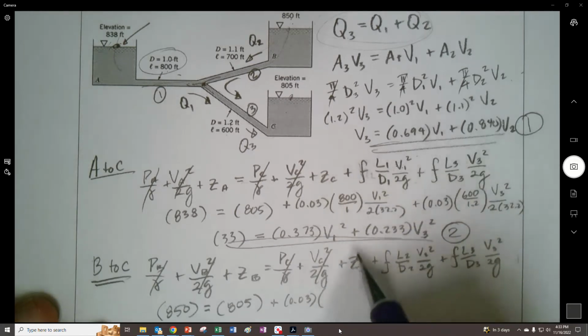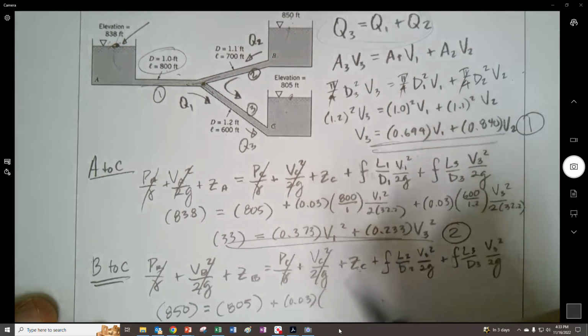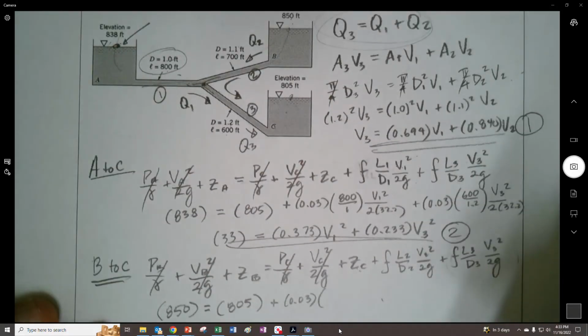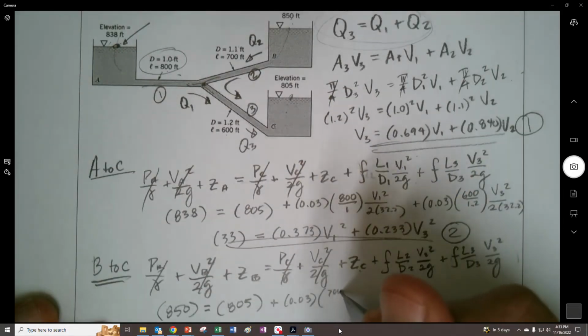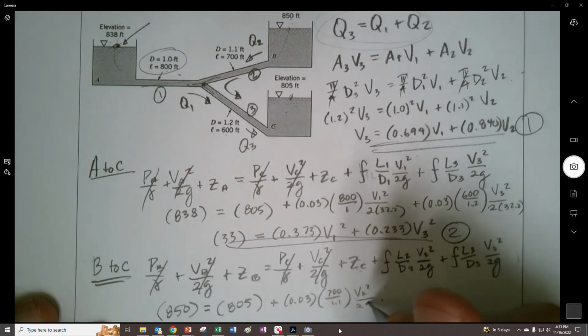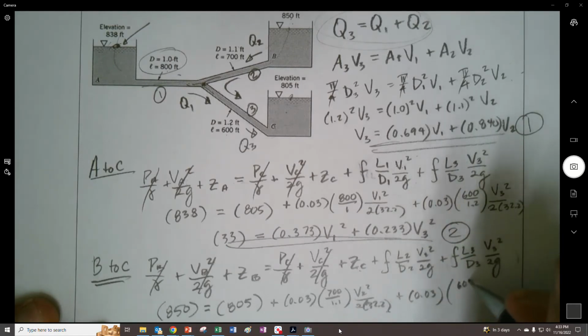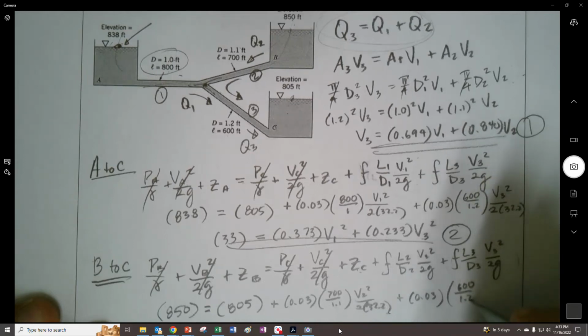0.03, and now it's going to be L2, so that's 700 over 1.1. Did I do that wrong before? No, I think I got it right. 700 over 1.1, and then V2 squared over 2 times 32.2. Put the numbers in. And then this one's going to be the same as the one up above, because it's still the 600 over 1.2, and then V3 squared over 2 times 32.2.